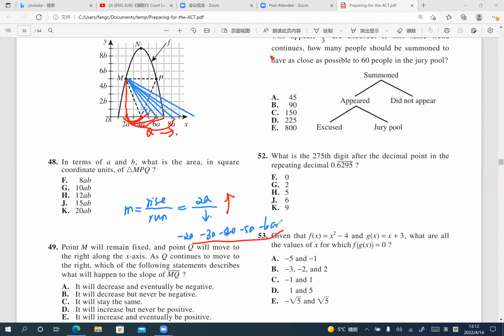We can tell the run decreases in magnitude. So for the fraction, if the denominator decreases, the fraction increases. So the slope is increasing, but never becomes positive. So we should choose option D. It will increase, but never be positive.